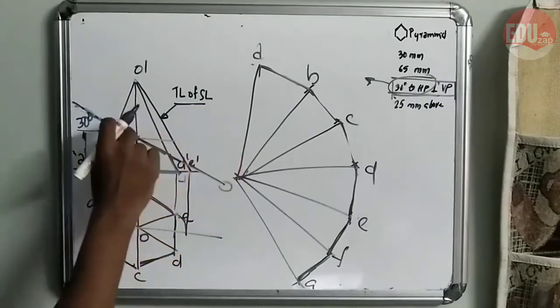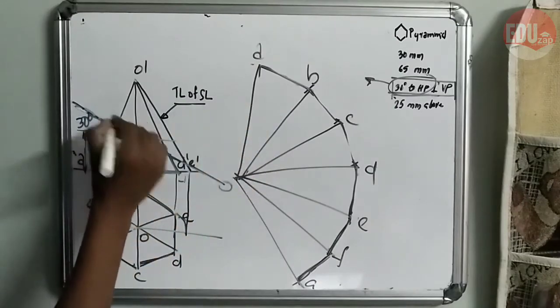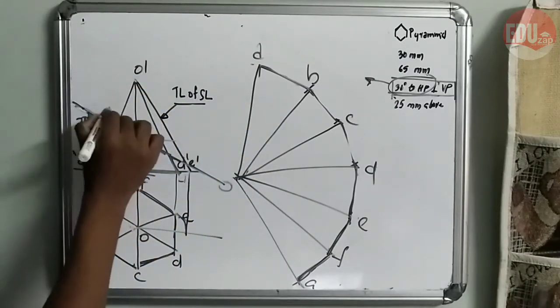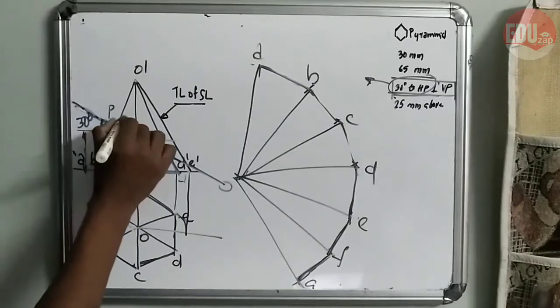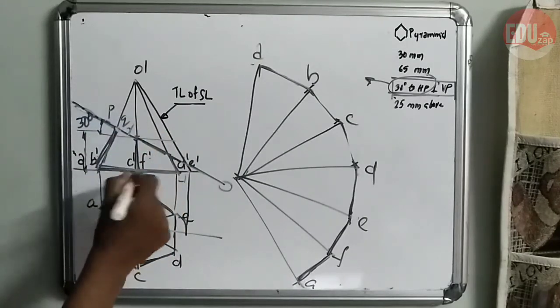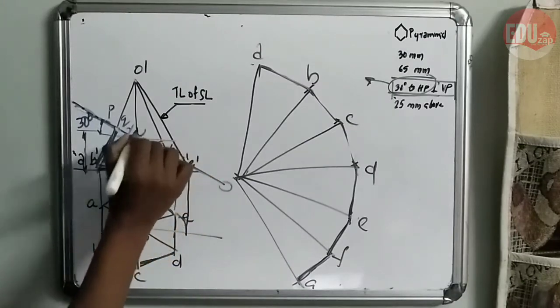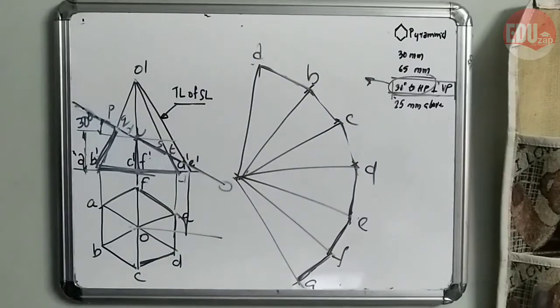Say P is the point on OA and Q is the point on OB, R is the point on OC, like S, T, U. PQR I have given.